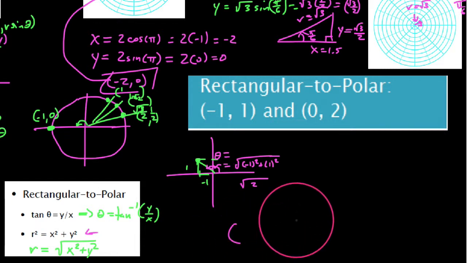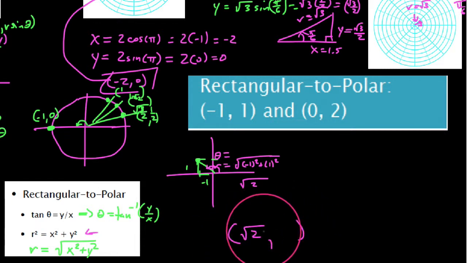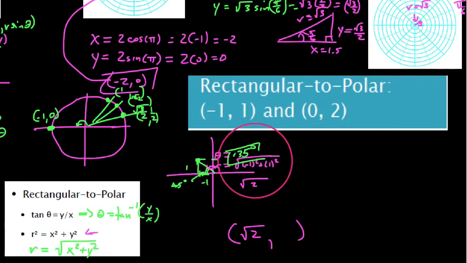So if I'm going to write this in polar form, I'm already aware that r is root 2. And what is this direction over here? Anybody that knows that this is an isosceles triangle is going to tell you this is a 45-degree angle right here, and if that's 45, then this angle here is 135. But without eyeballing this, how could we actually figure this out? The y value here is 1, and the x value is negative 1.